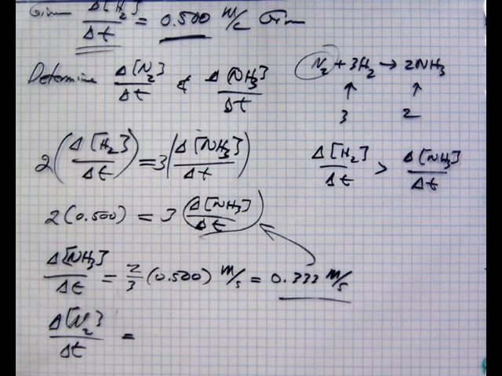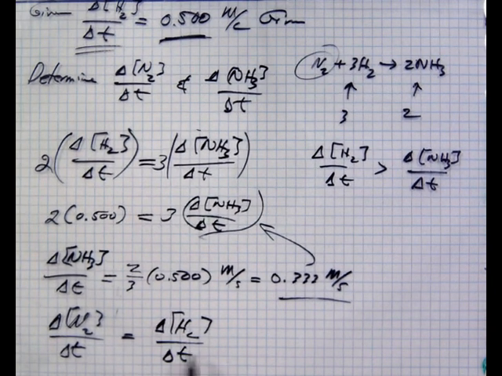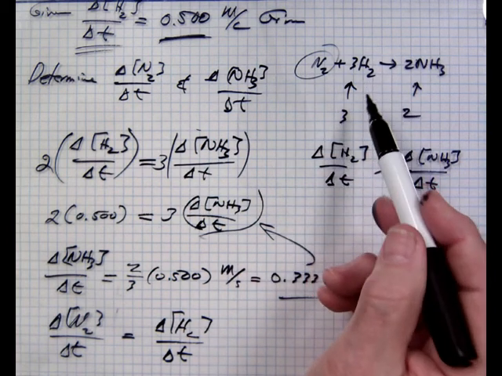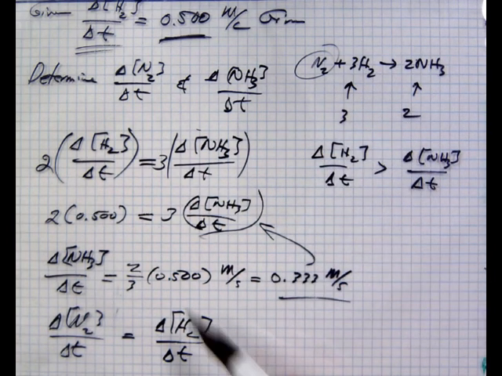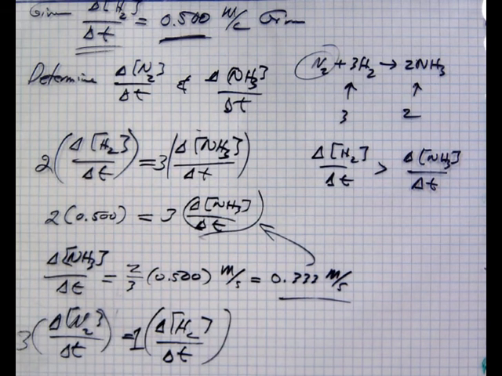So you set that equal to your change in hydrogen over change in time, which has been determined. And we look at the coefficients in the equation. I see the 3 is associated with hydrogen, so I want a 3 over here. And then I want a 1 over here.